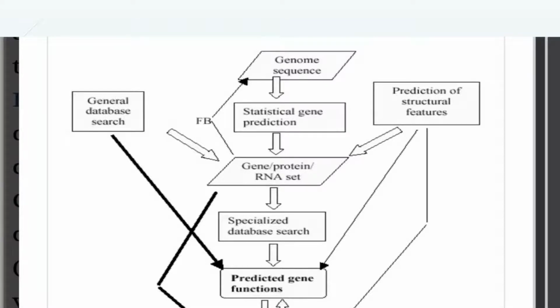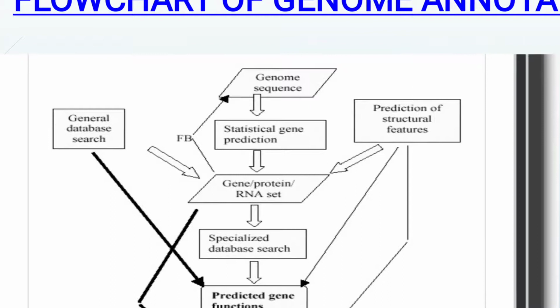You get to know which part is exon and which part is intron from that raw sequence. So the exon part is the gene part which may or may not code into the protein. So you get the gene set or RNA set or the protein set. Now all this is a part of structural features, to predict the structural features of the gene.